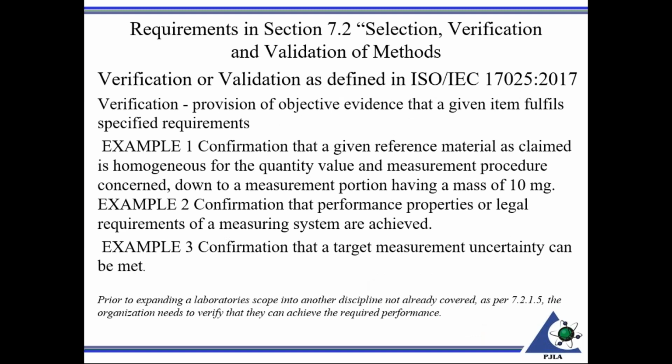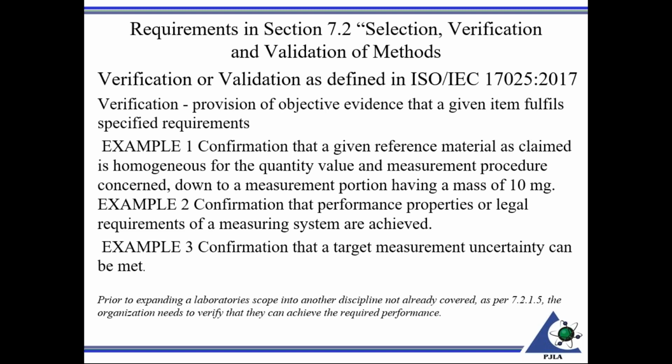So one thing I want to start out with is some definitions. We see the term verification, we see the term validation. So as specified in 17025 in the definitions section, verification is defined as the provision of objective evidence that a given item fulfills specific requirements.